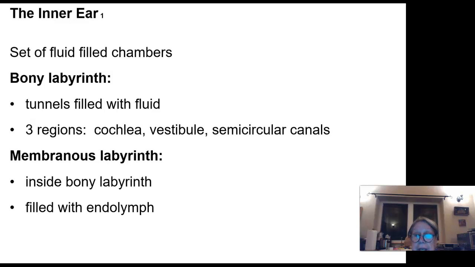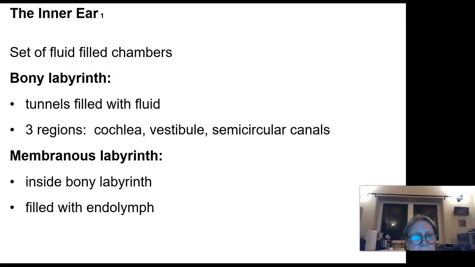Then you have the innermost part of the tunnel, the cave, however you want to visualize the ear. The inner ear is a set of fluid-filled chambers. You have your bony labyrinth, which is just tunnels filled with fluid, and you've got the cochlea, the vestibule, and the semicircular canals.